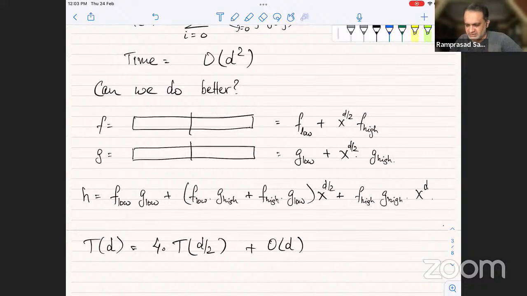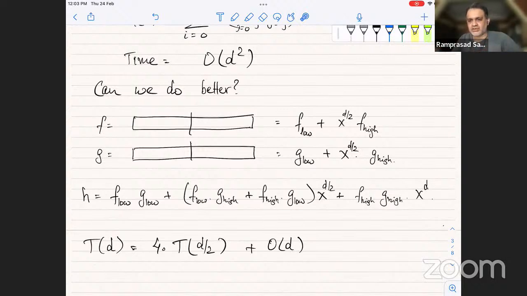I hope this is clear, because each of these are polynomials of degree d by 2. So I'm recursively calling the polynomial multiplication algorithm, and I have 4 such recursive calls. That's why it's 4 times T of d by 2, plus this intermediate extra work that I need to do once I get the answers.